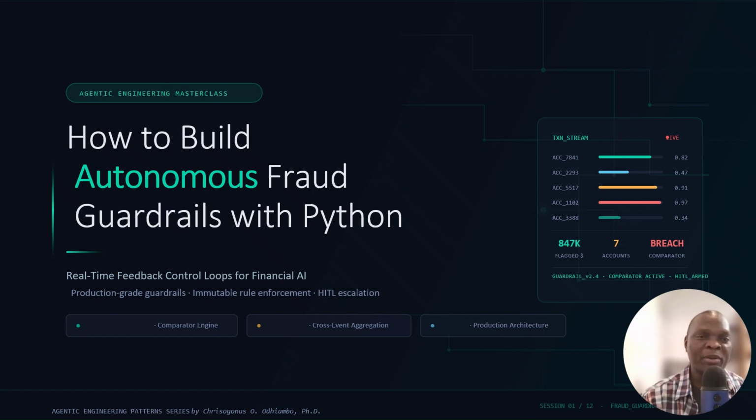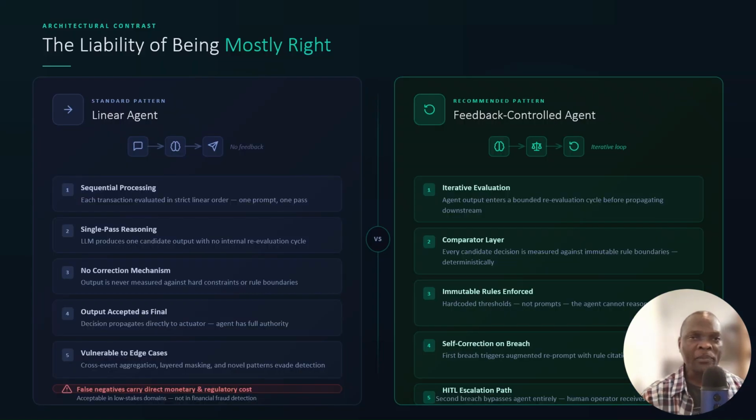So let's jump into it and look at the liability of being mostly right. A standard linear agent processes a prompt, reasons through it, and produces a final output. There is no mechanism to validate that output against hard constraints. In low stakes domains, this is acceptable.